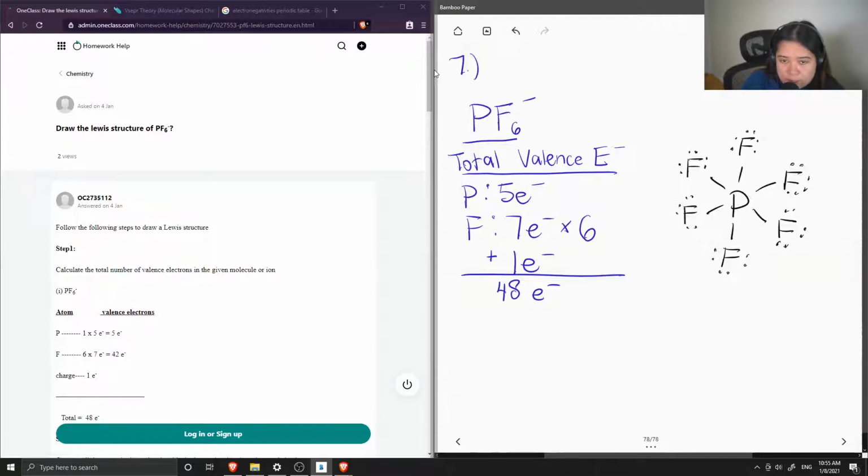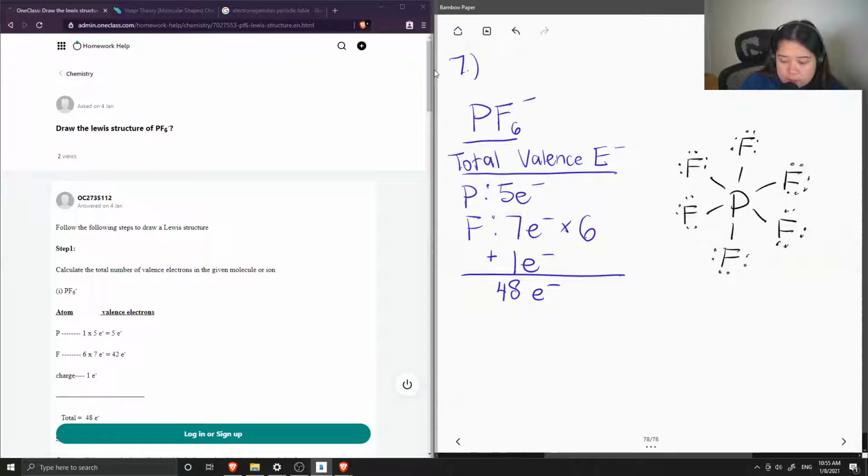Okay, so now let's count out how many electrons I've drawn so far. Each bond contains 2 electrons, and we have 6 bonds, that's 12, and then we just add up all of the lone pairs, so we have a total of 48 electrons.